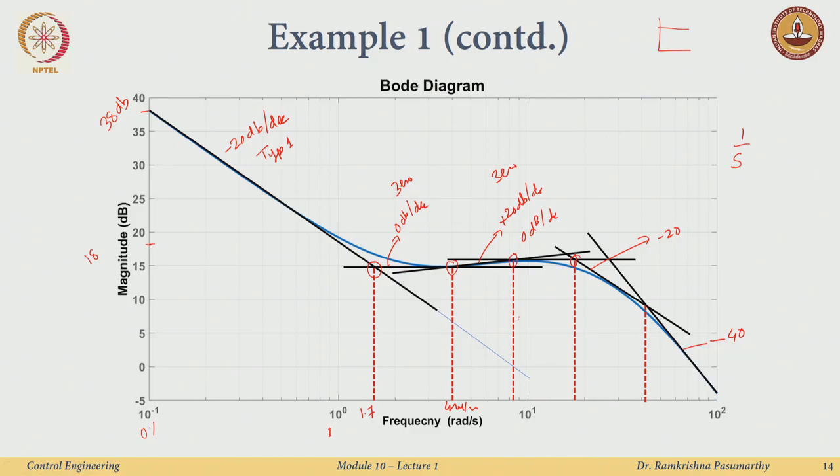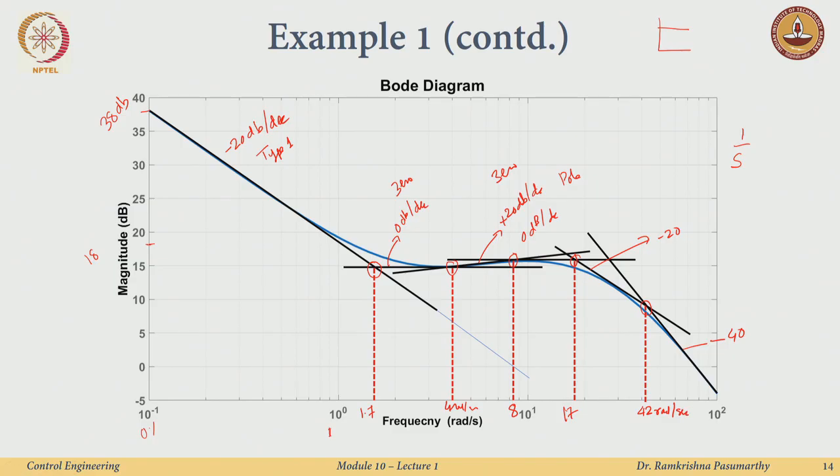At this frequency, which is roughly about 8, the slope decreases from 20 to 0, so I have a pole. Again at this frequency, roughly about 17, again there is a pole, so the slope decreases from 0 to minus 20, minus 20 to minus 40 here. So also here there is a pole at a frequency of about 42 radians per second.